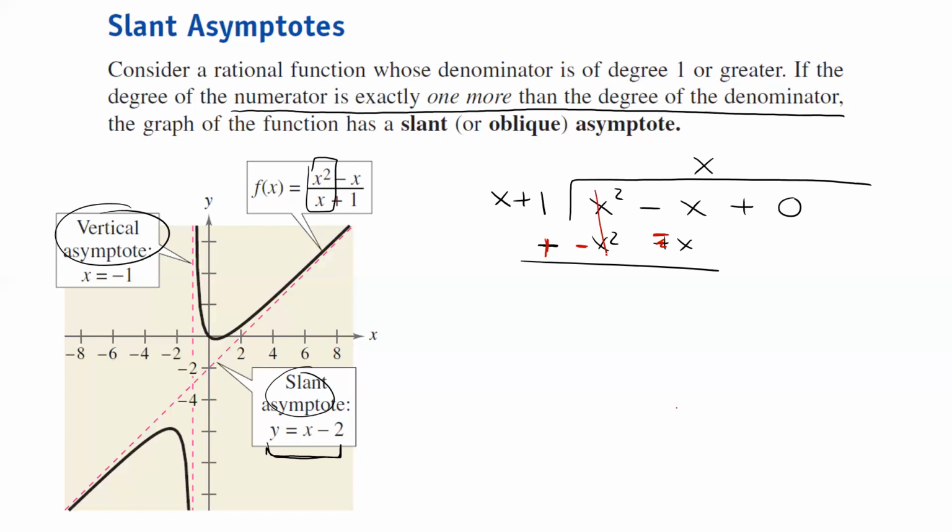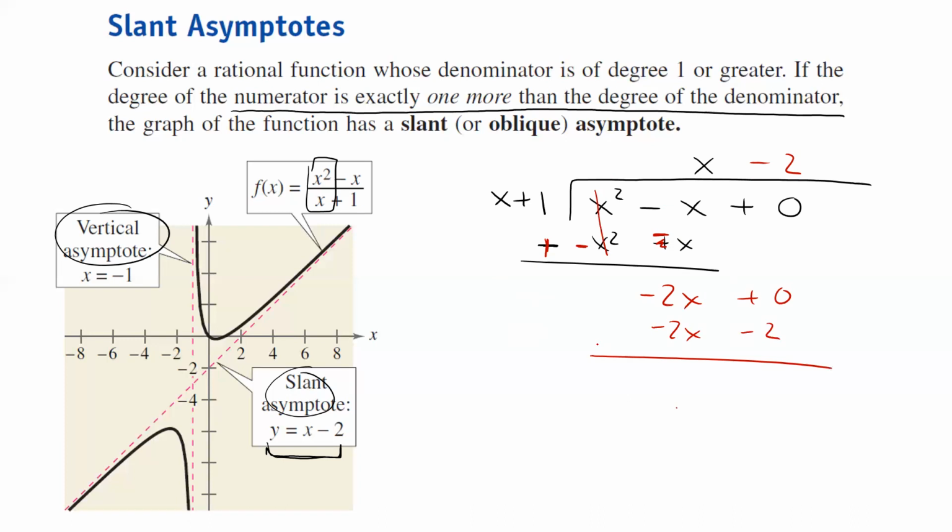Negative x plus negative x. Oh, no, sorry. Negative 2x. And then we bring down the 0, and we start the process all over again. x times what gives you negative 2x? Negative 2 here. Negative 2 times x is negative 2x. Better be, because that's what we wanted. Negative 2 times 1.